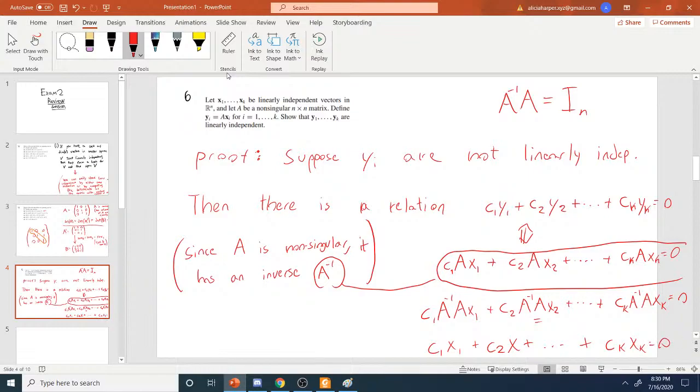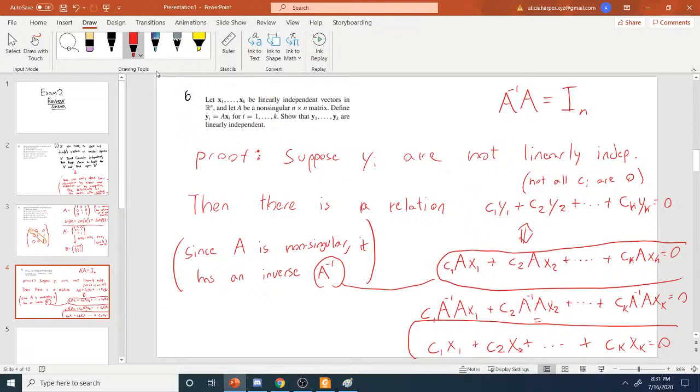Up here, I didn't write it down, but we're assuming that not all ci are 0. And so this is also true down here. But then this is a contradiction. The reason it's a contradiction is because we've assumed x1 through xk are linearly independent.